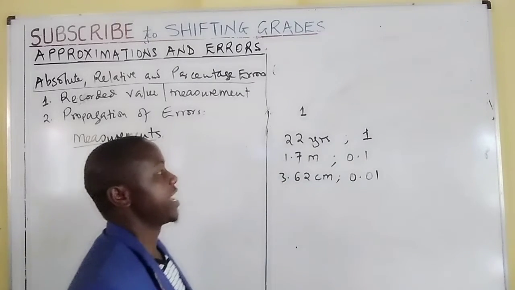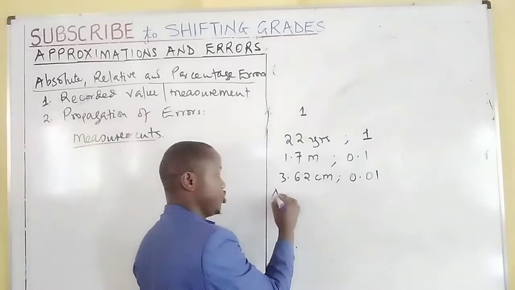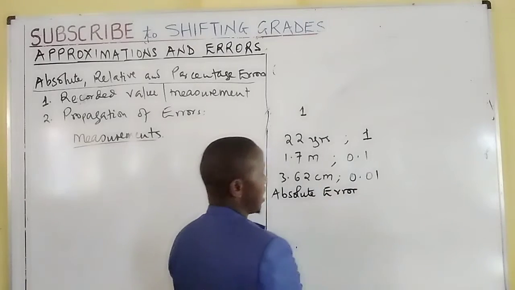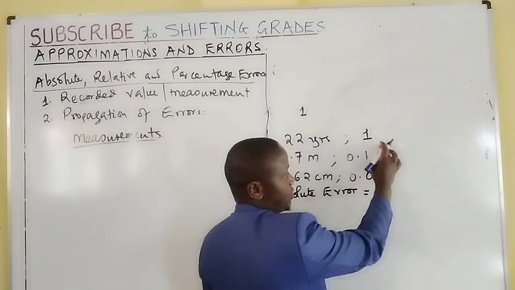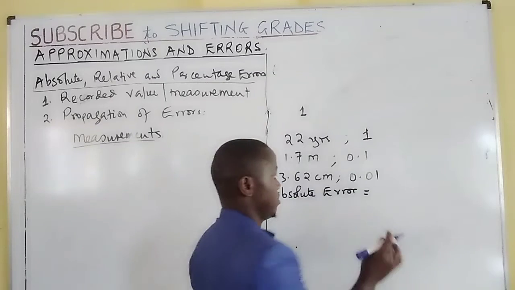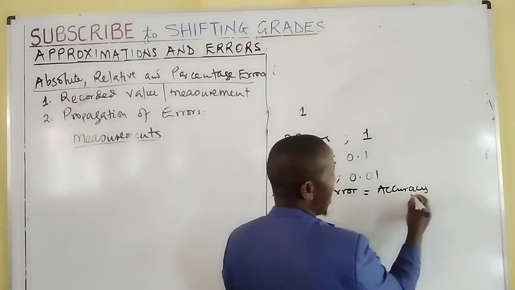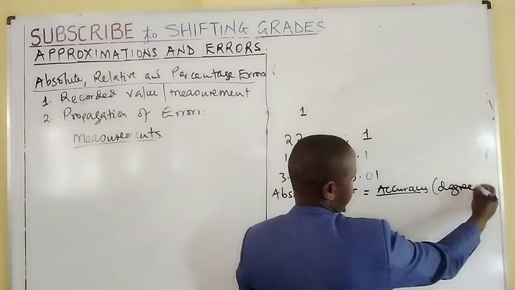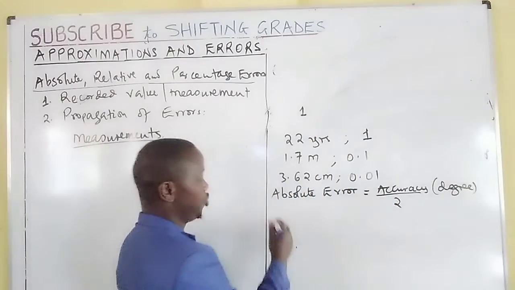Therefore now, there is what we call absolute error. Absolute error is when the accuracy to which a given measurement has been recorded is divided by 2. So the degree of accuracy, when it has been divided by 2, we say that that's the absolute error.